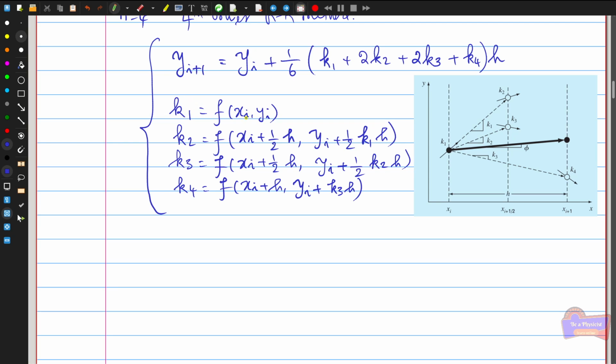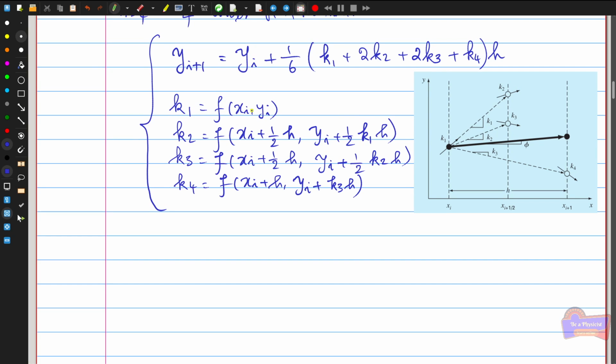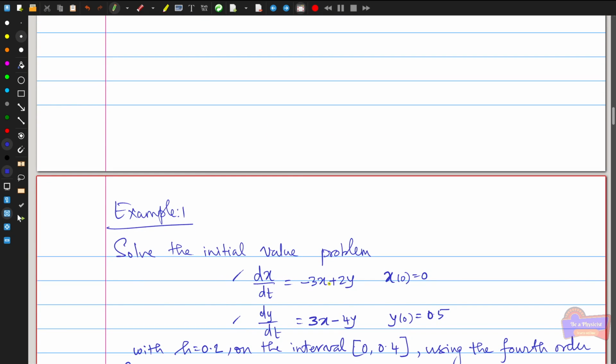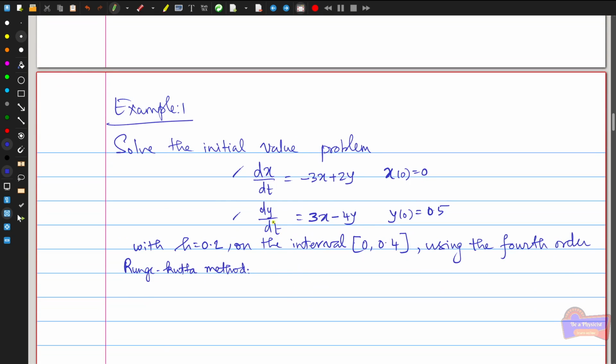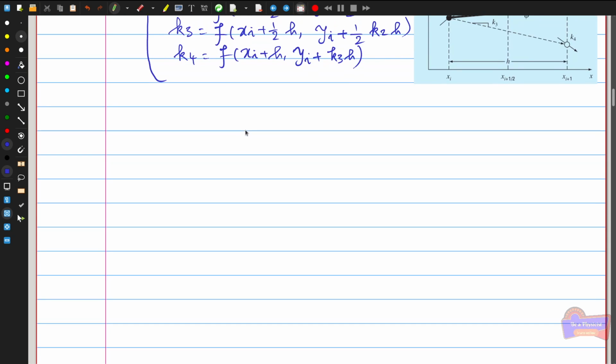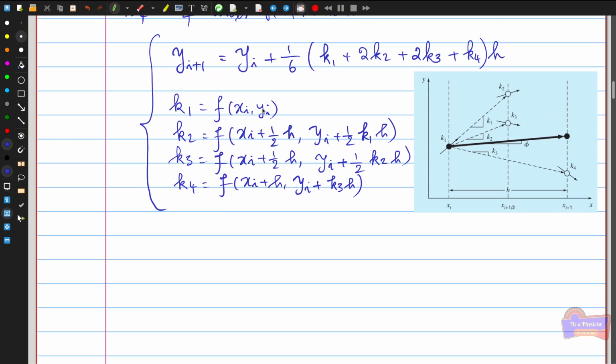The f of xi, yi for the x variable is minus 3x plus 2y. Similarly, the f of xi, yi for the y variable is 3x minus 4y. So these are the two functions, and using these two functions you have to independently calculate the solutions of x and y using this fourth order Runge-Kutta method.